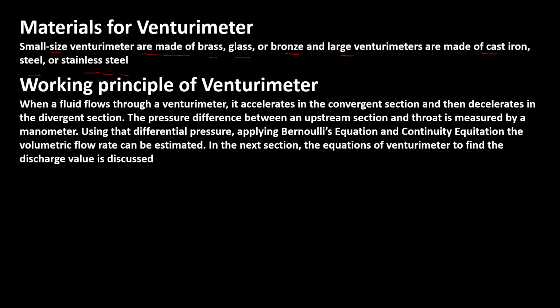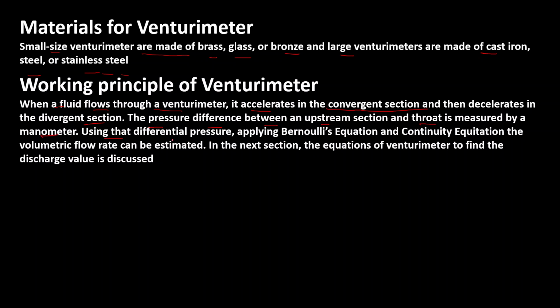After that, we will discuss the working principle of the venturimeter. When a fluid flows through a venturimeter, it accelerates in the convergent section and then decelerates in the divergent section. The pressure difference between an upstream section and the throat is measured by a manometer.